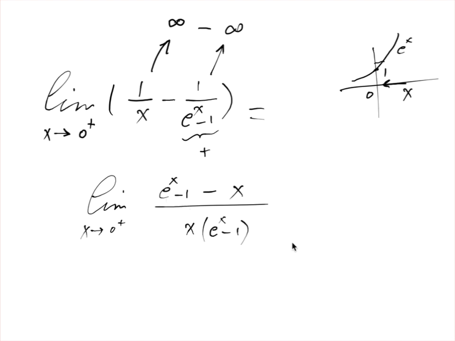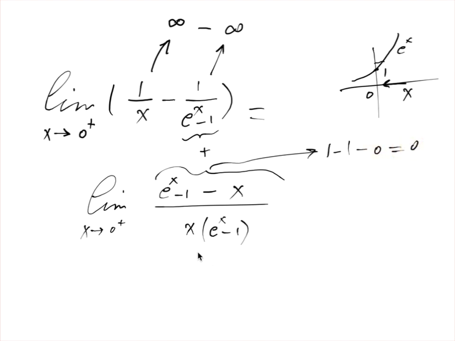Let's see if it's 0 over 0 or infinity over infinity. As x goes to 0 from the right, e to the 0 goes to 1, so that whole numerator will tend to 1 minus 1 minus 0, which is 0.